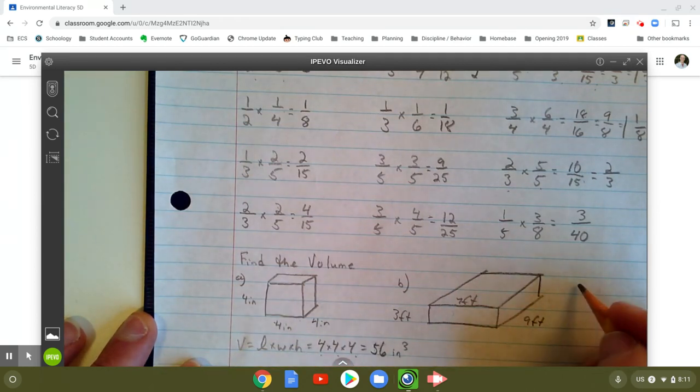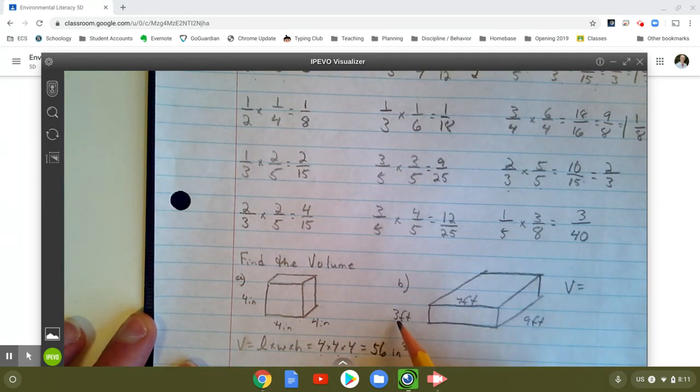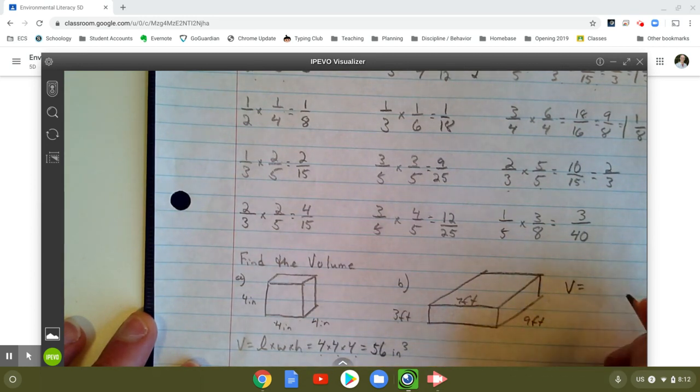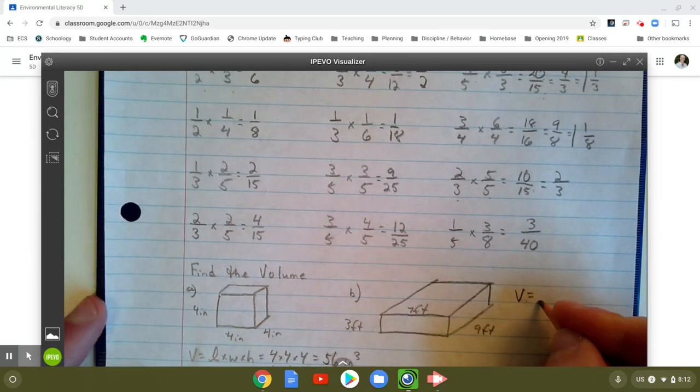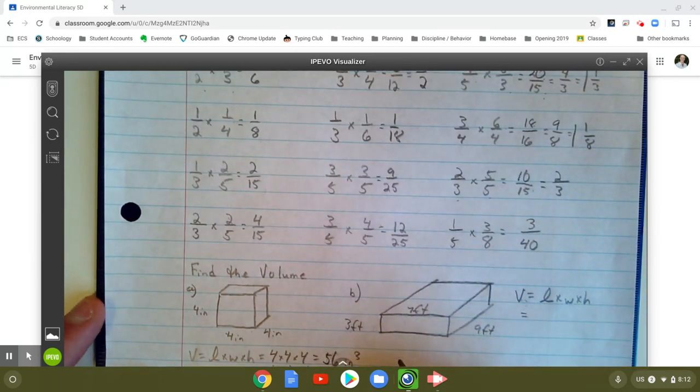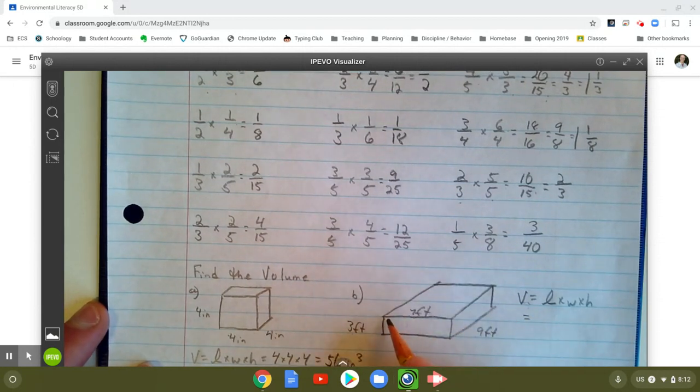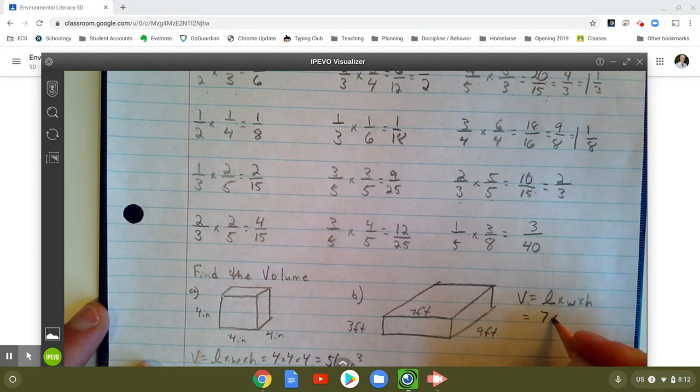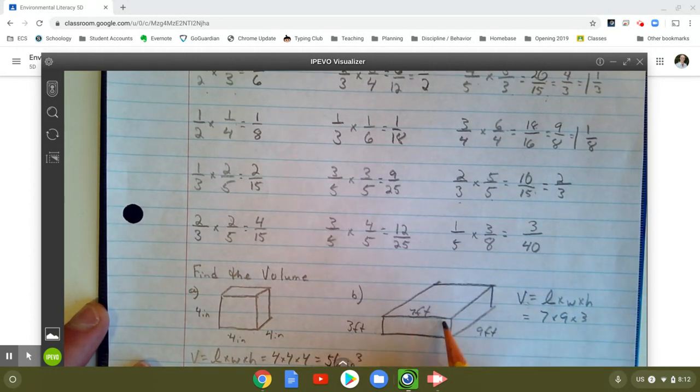For B, we have volume equals 3 times 7 times 9, so length times width times height. And let's actually do this for the 7. Let's do 7 times 9 times 3, so length, width, height.